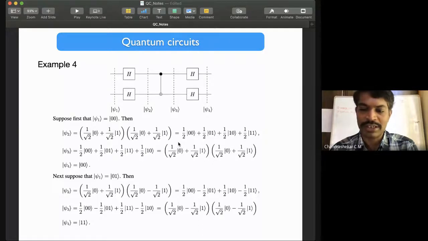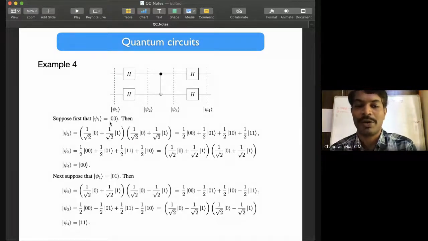And then you can see you have 1 by root 2, 0, you will end up getting 1 by root 2, 1, and then again the same thing. So you have got back the state you started with. So this operator, Hadamard on both, control NOT gate, and again Hadamard on both, is giving you back exactly the state you started with. But now let's ask, is it the same for all states?